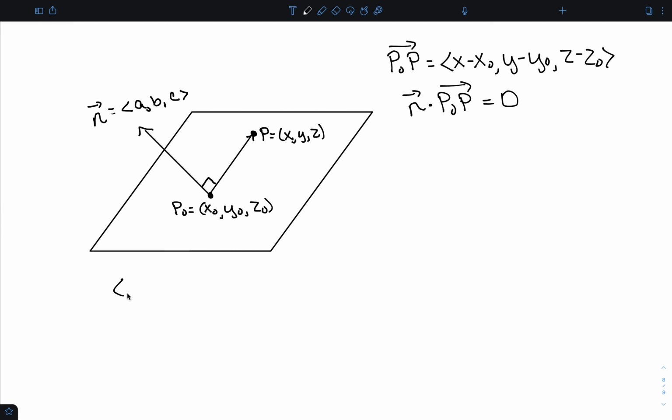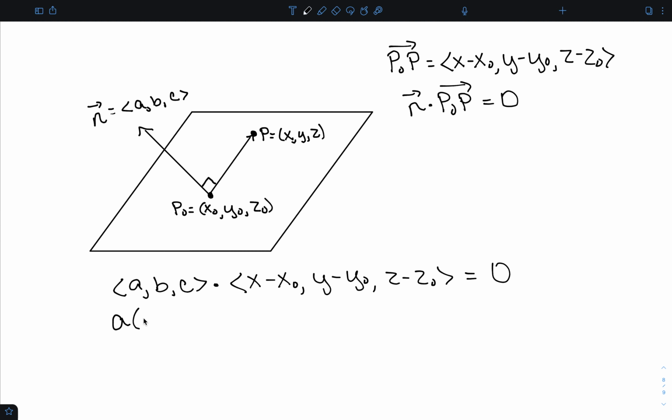So I can rewrite this as ABC dot my vector x minus x0, y minus y0, z minus z0 must be equal to 0. The definition of the dot product says I multiply things in corresponding places, so a times x minus x0, and I add the pieces.